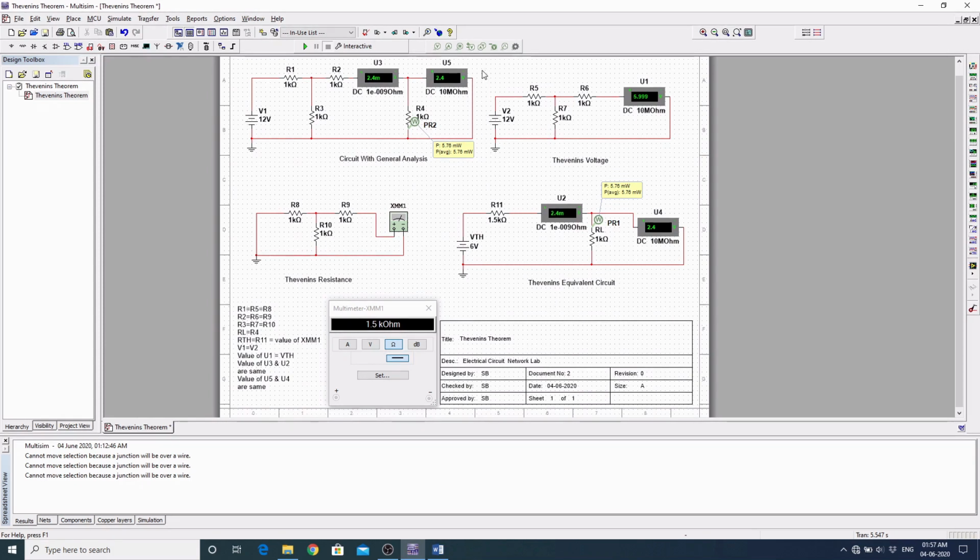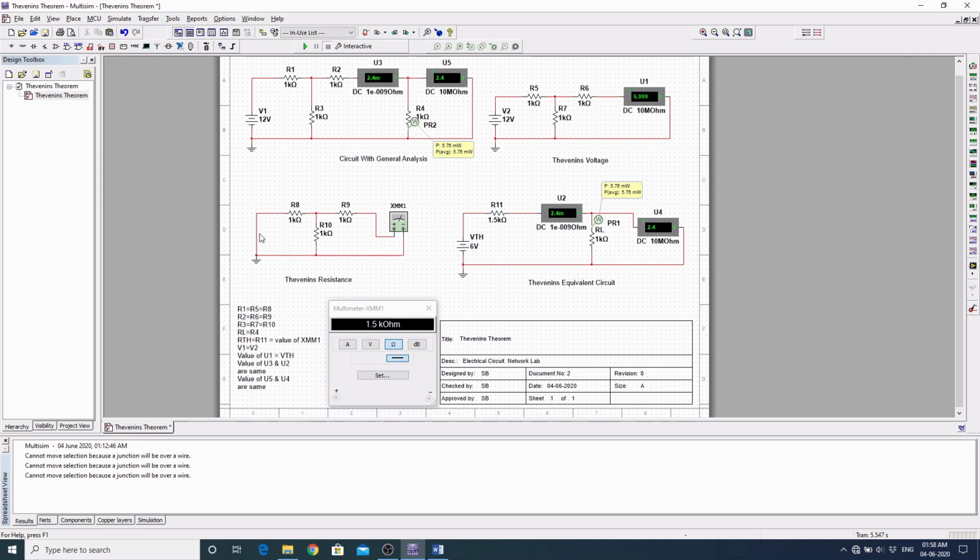In this section we tried to find out the Thevenin's voltage, that is open circuit voltage, after removing the load resistance, and after that the Thevenin's resistance is found by using the steps as mentioned, like the sources need to be removed and replaced with their internal impedance.